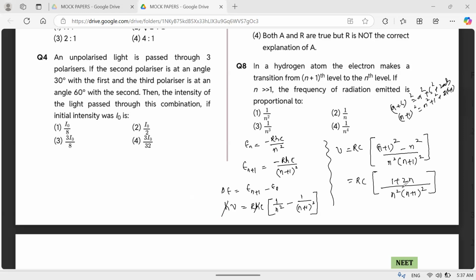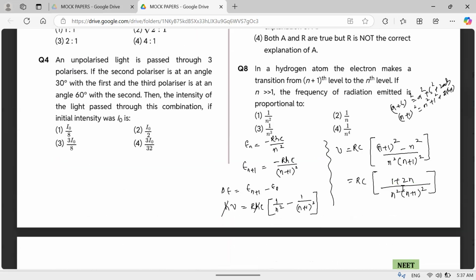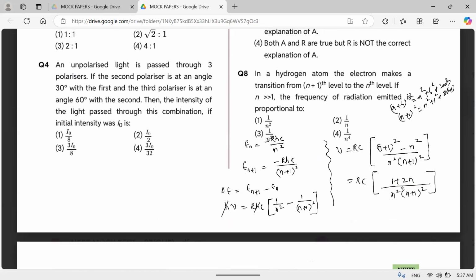Now what is telling in the problem? n is much greater than 1. That is given in the problem. When n is much greater than 1, I can write this relation differently. Then what can I take here?